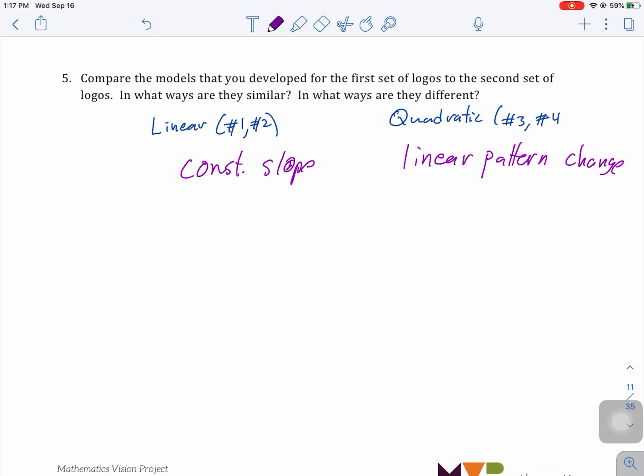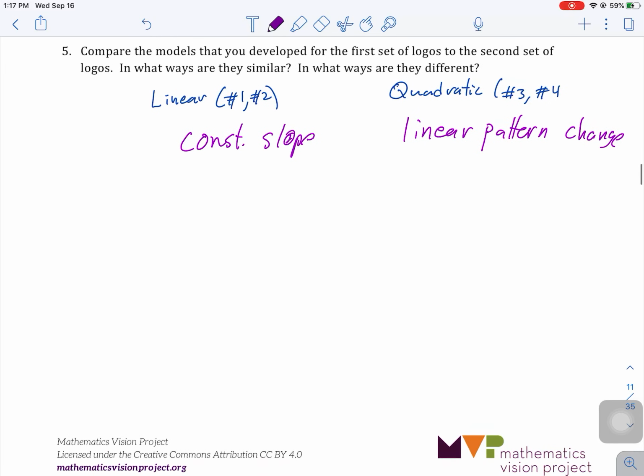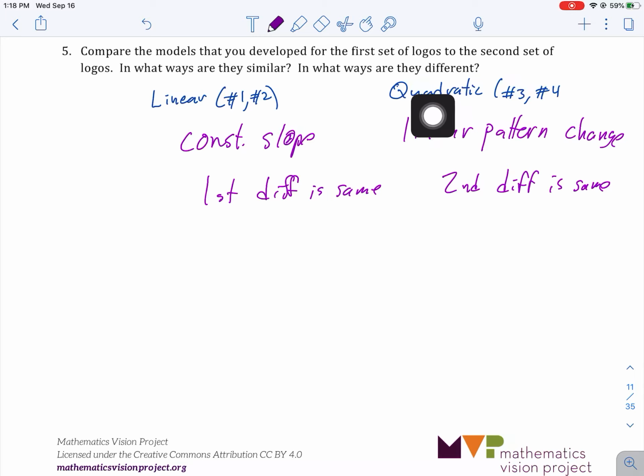Other things that we can notice here is the second difference is the same, whereas here the first difference is the same. Okay. Other things, if you graphed it, a straight line for the linear, a parabola for quadratic would be another thing that you could see also.